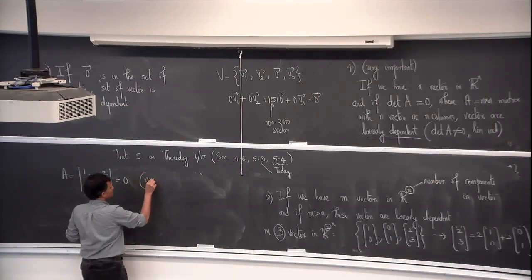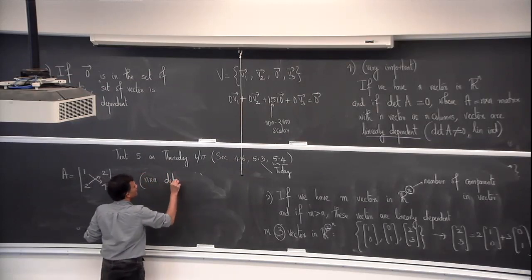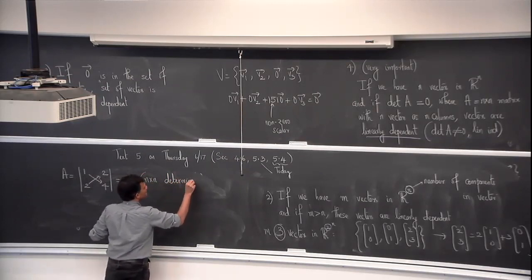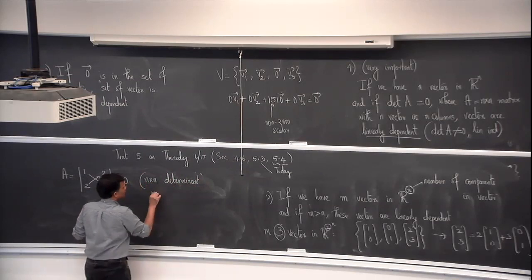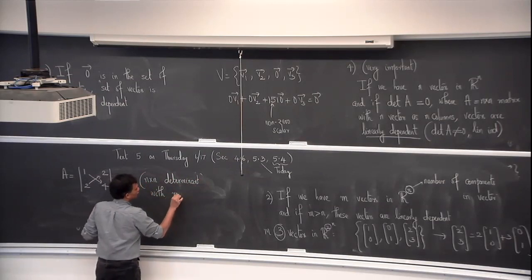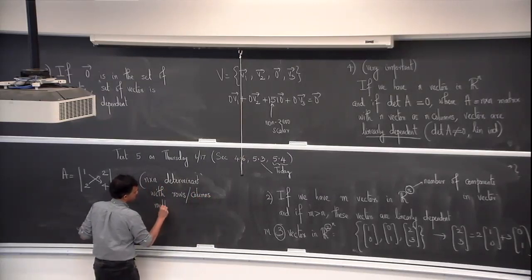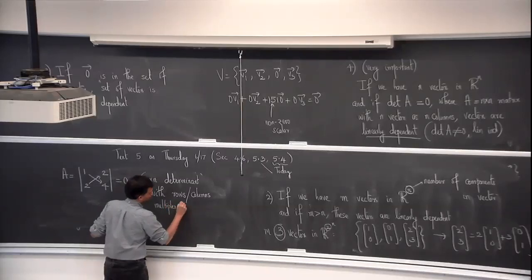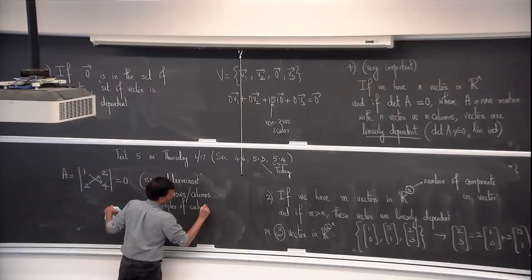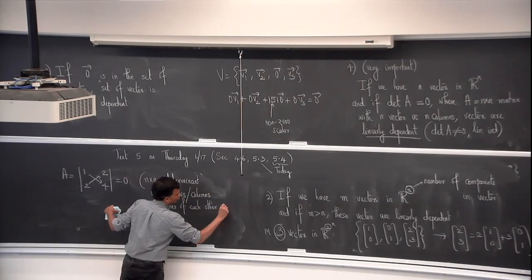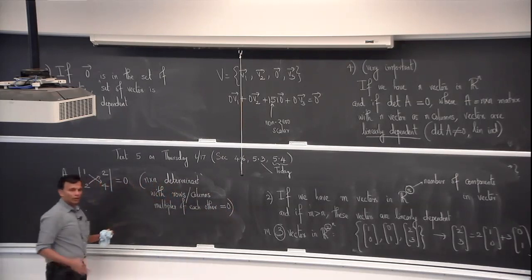So an n by n determinant with rows or columns being multiples of each other is always equal to 0. You don't have to compute it.